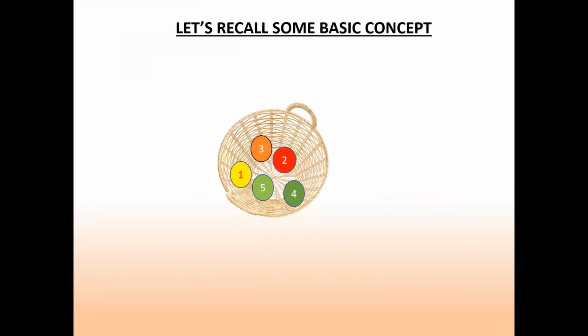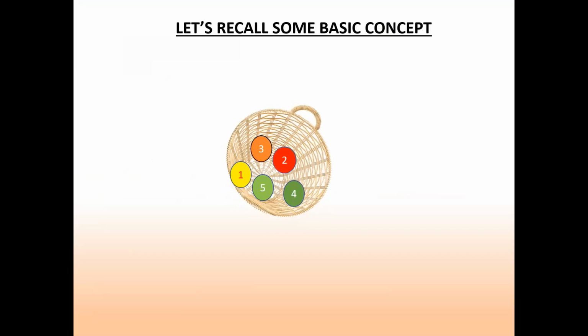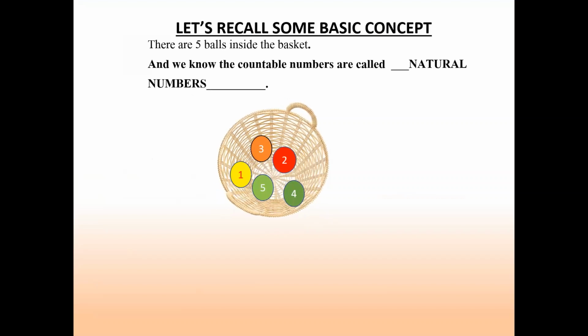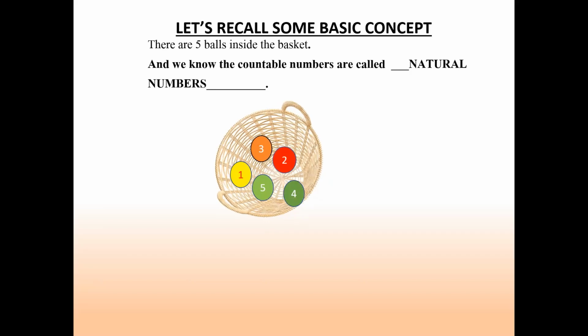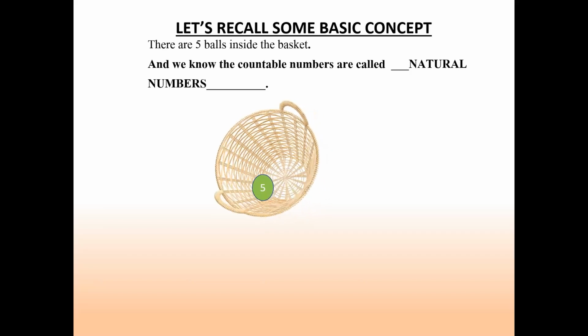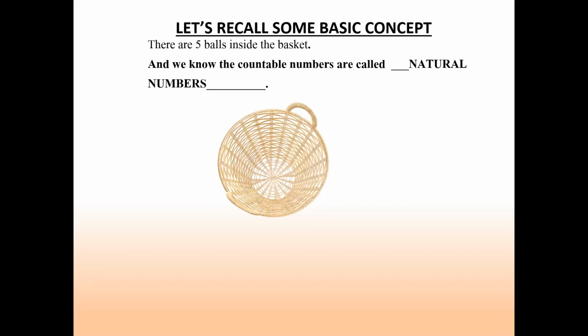Now, as you all can see, inside the basket, there are 5 different balls and I can count them. So these countable numbers are known as natural numbers and they start with 1. What if I start taking the balls one by one and there is nothing left in the basket?